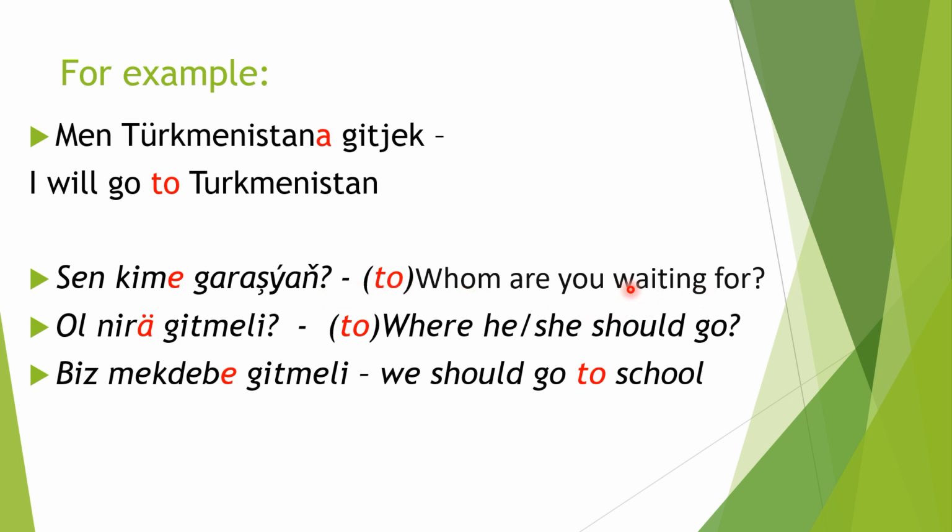Whom are you waiting for? I know it may not be correct English to say "to whom are you waiting for", but in Turkmen this is how we say it, word by word: you, to whom, waiting.